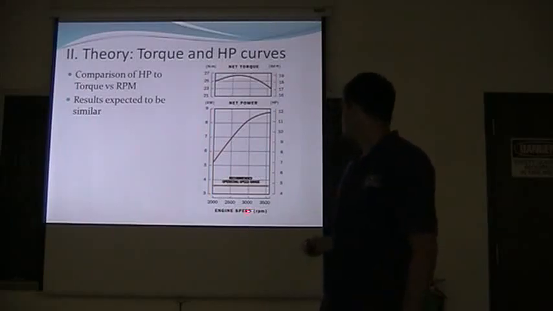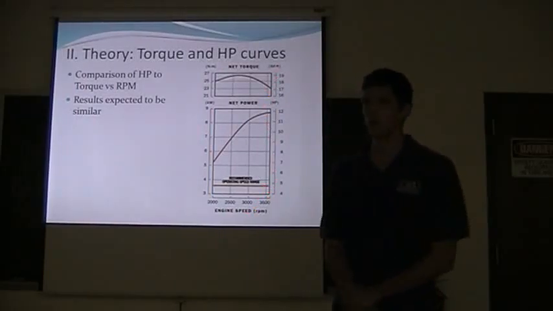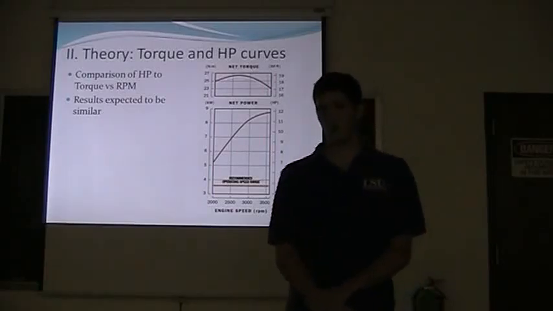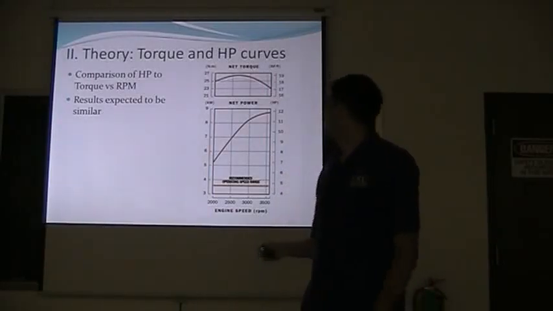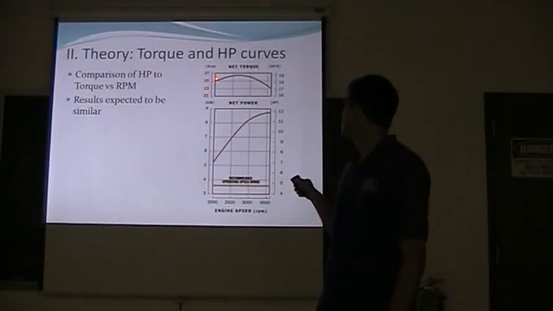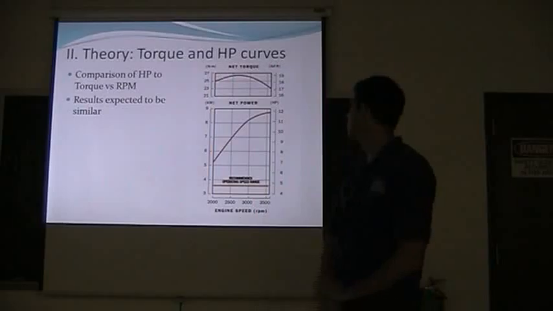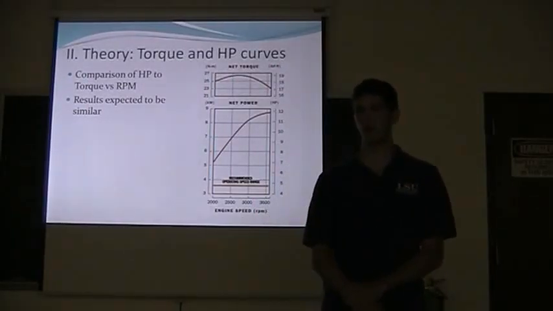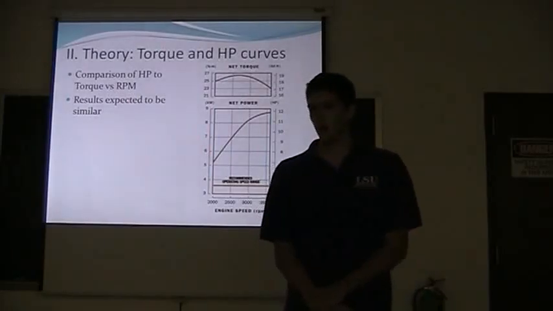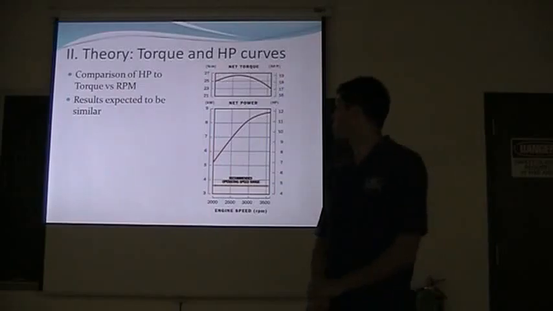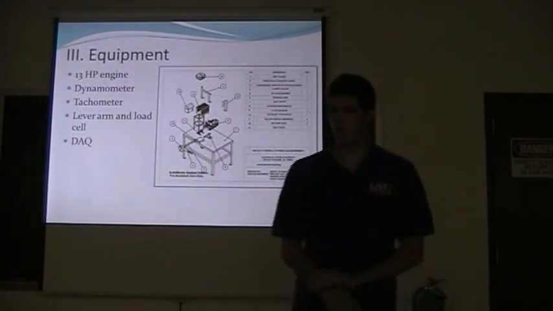This engine only goes to 3,600 RPM. That's pretty much what we're going to be dealing with. So we're in the lower region of the speed, and we're going to get a nice general peak for the torque, and the horsepower is just going to approach 12 or 13. It should be pretty close to what we get.